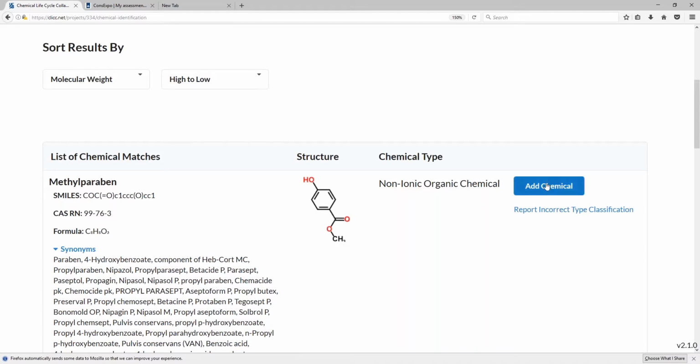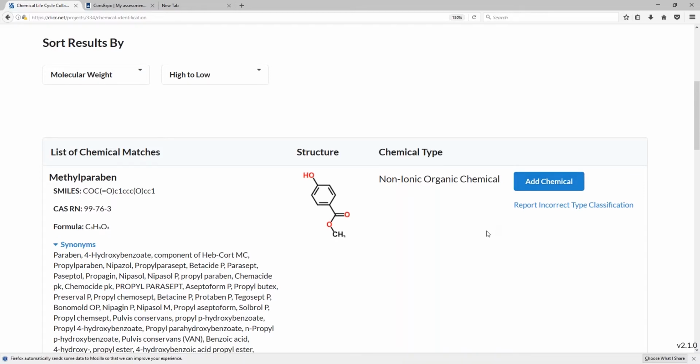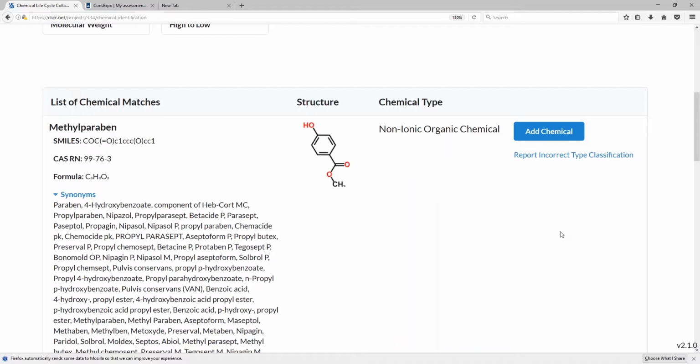For just a very simple example, this methylparaben has all these names. People have come up with all sorts of names, so it looks for any one of those, commercial names and so on, because you may look at your bottle and see that it has propylparaben, and then it would come up with this one here and give you the opportunity.